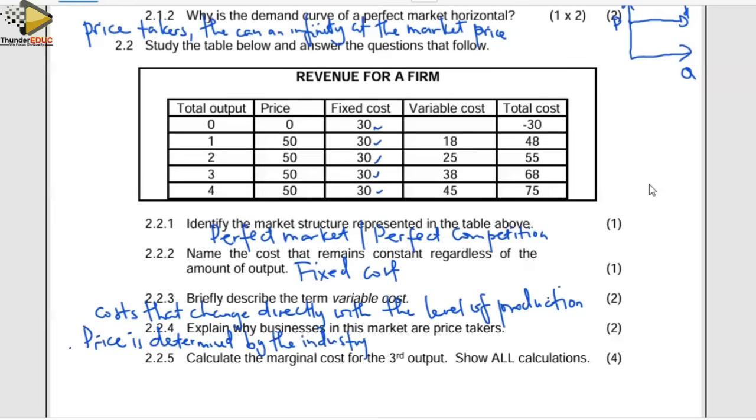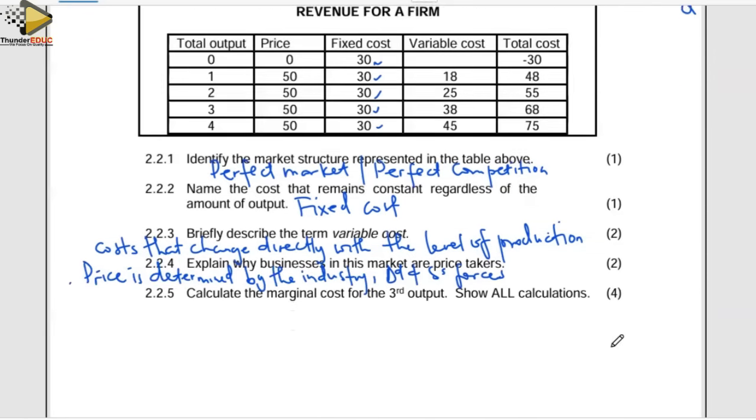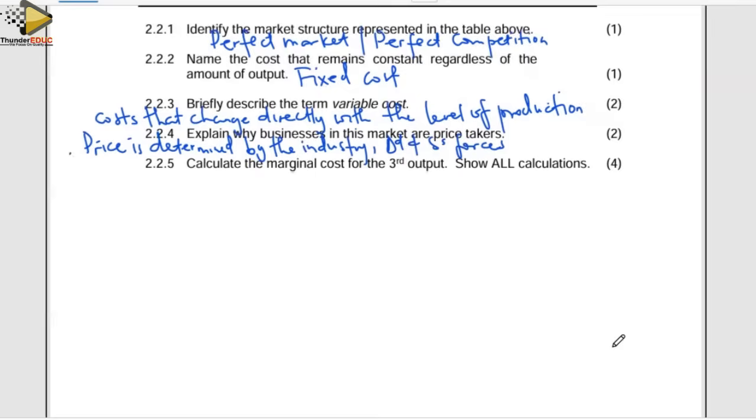Price is determined by the industry, which means the total of demand and supply forces of the market. So no one business has got the power to change the price. For that sake, they are price takers. They accept the ruling price, which comes from the interaction of the forces of demand and supply.